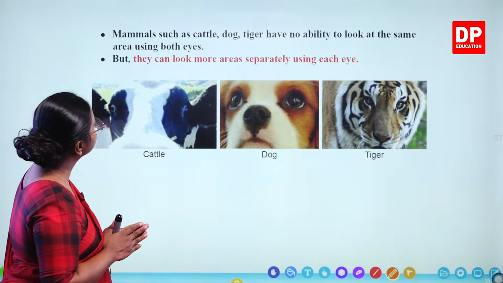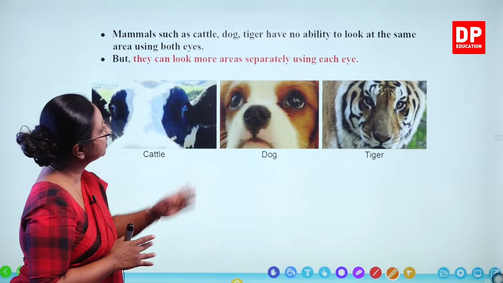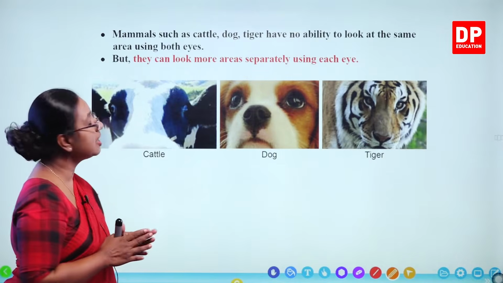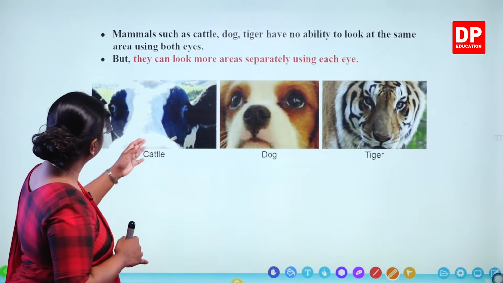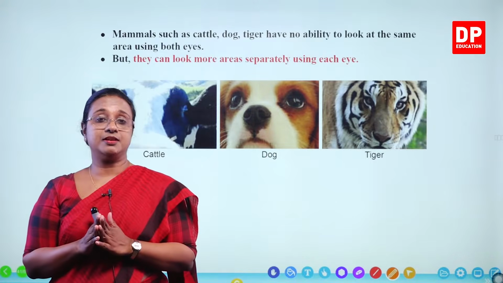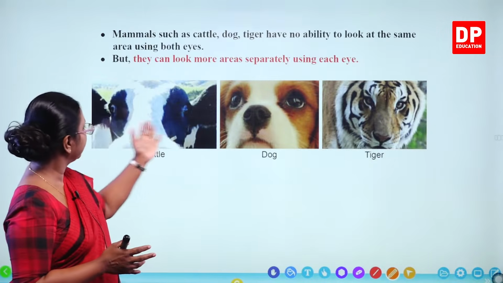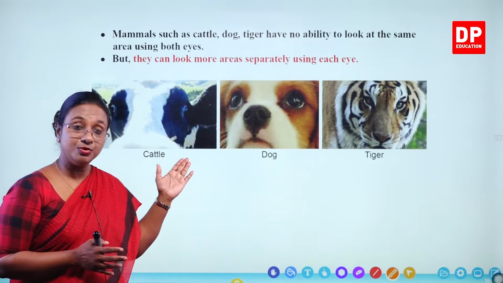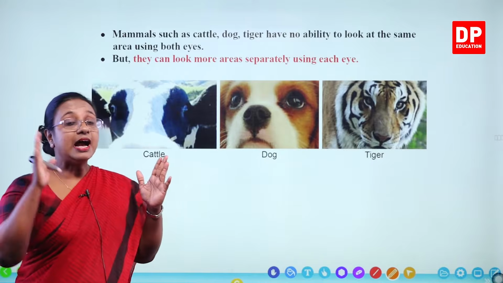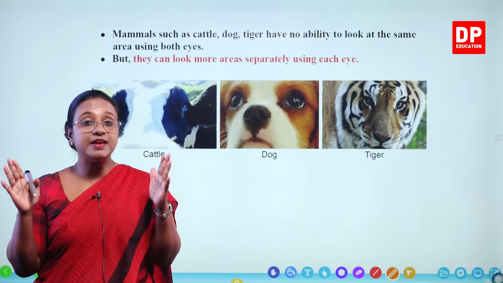Now mammals such as cattle, dog, tiger have no ability to look at the same area using both eyes. So you can see the cattle here, the dog and the tiger. What is the difference? Now look at the face. In all these animals you have seen, their eyes are situated on either side of the skull or the face.